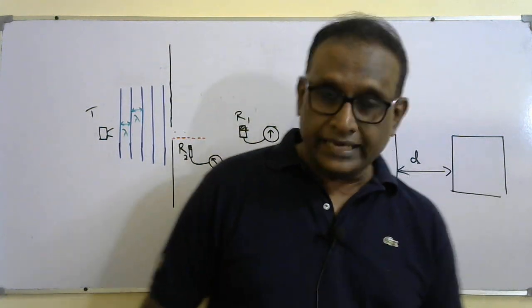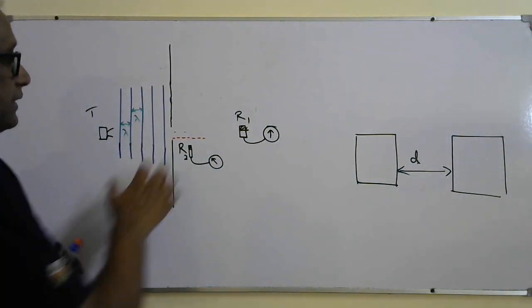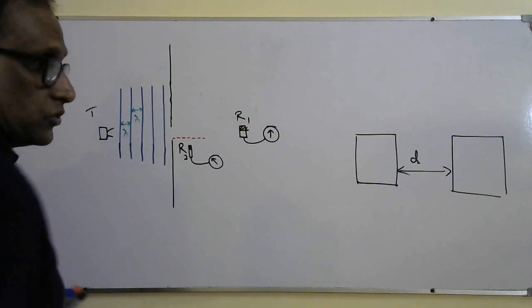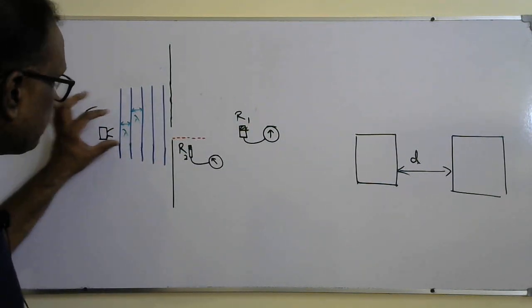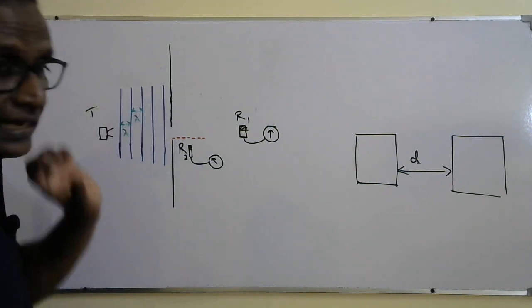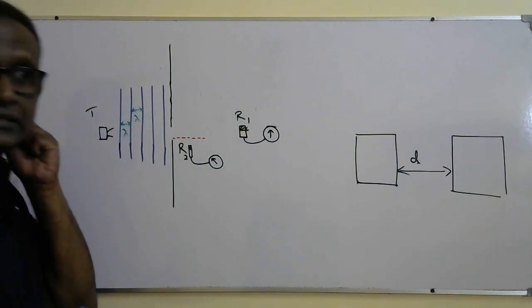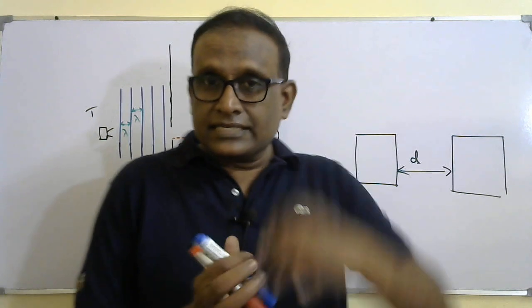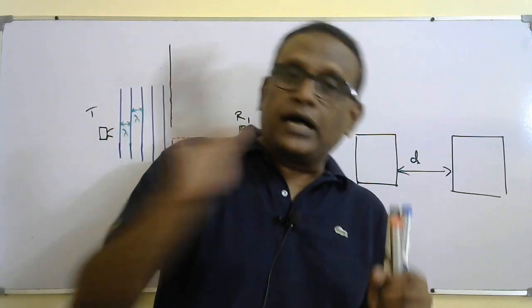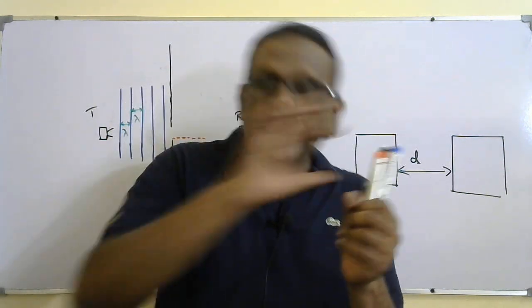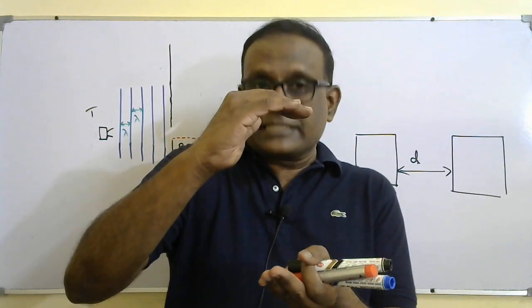Why does this happen? When the size of the slit is reduced, the amount of energy passing through the slit decreases. The microwave can't pass through the metal, it can pass only through the gap, and the size of the gap is decreasing.